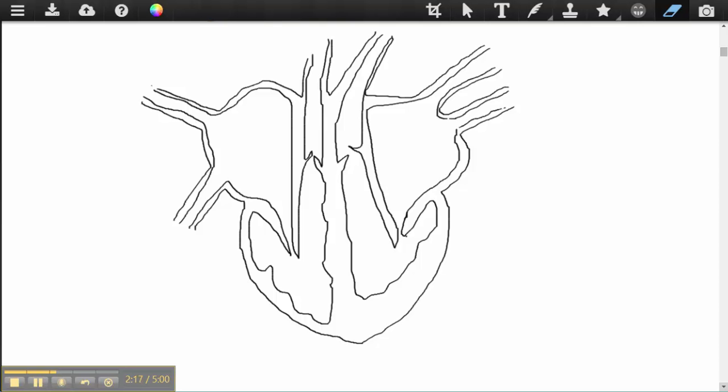Let's start by first naming the first four main chambers of the heart.